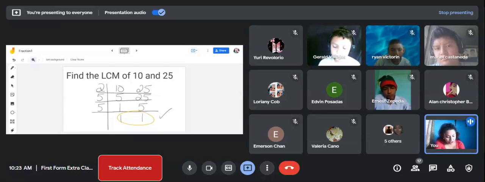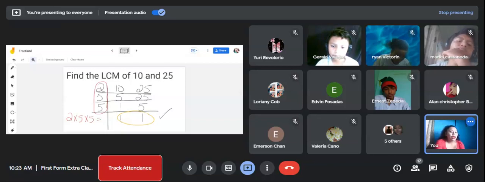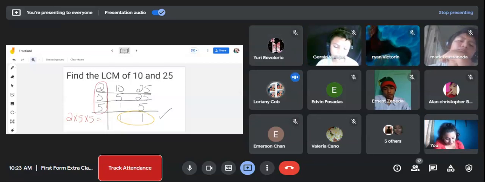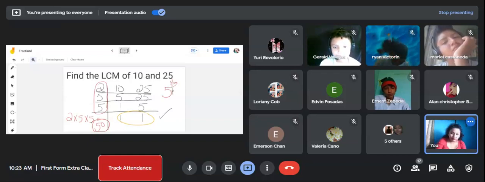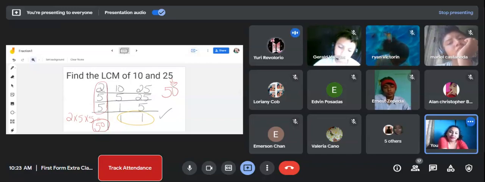And the numbers over here, when I multiply them, 2 times 5 times 5, will give me my LCM. What does that give you? 50. Very good. And 50 is going to be my LCM. Clear?